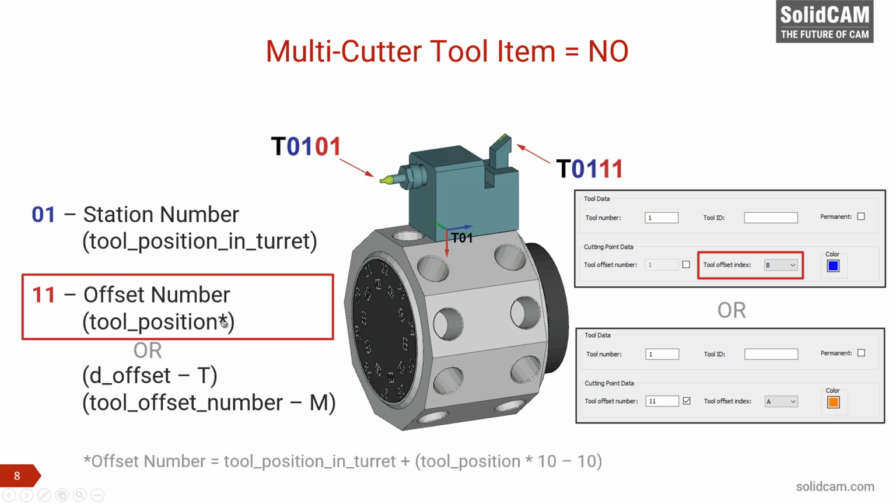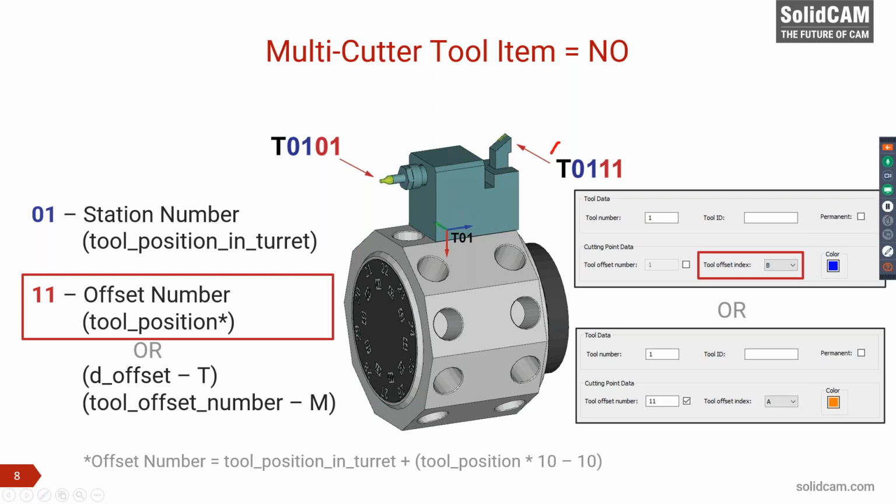Here I leave the asterisk symbol, as I have a pretty nice formula for how you can calculate the offset number: tool position in turret plus the tool position multiplied by 10 minus 10. This 10 is the number of the stations. It is always constant. It's based on the turret itself.